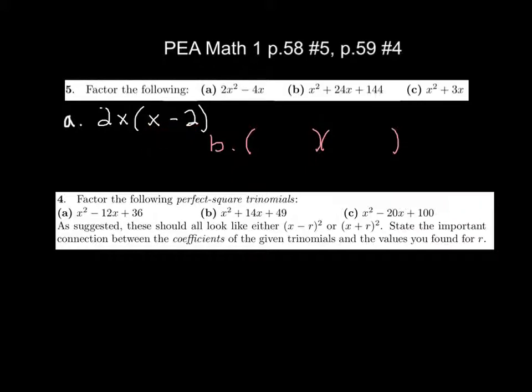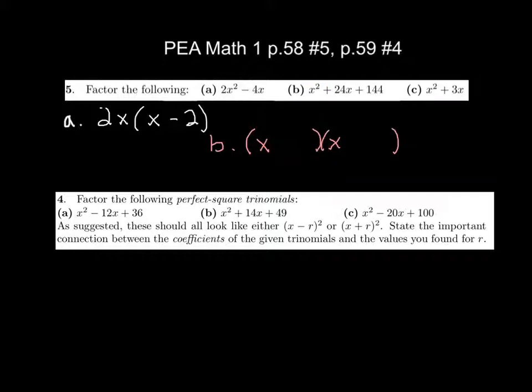The way I think about this is I know that these first two spots right here, which on this one is an x, have to multiply to give us x squared. So those two things would be x times x gives us x squared. The only other thing we could have is an x squared times 1, but we're breaking down our x squared into x times x.